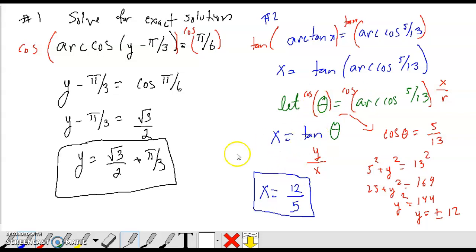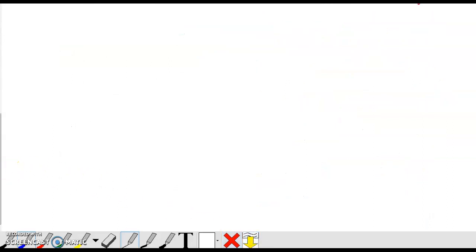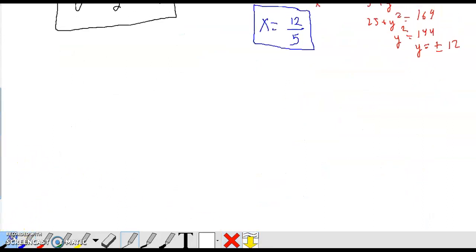Okay, let's try another one that's kind of similar to this. So we'll call this example number 3. So again, solve for exact solutions. All right, so this time let's write it like this.